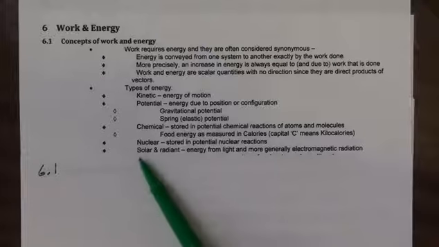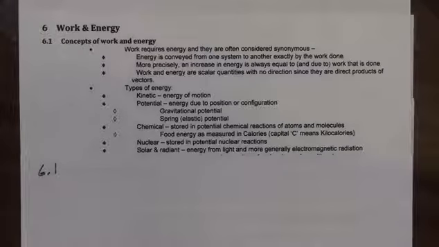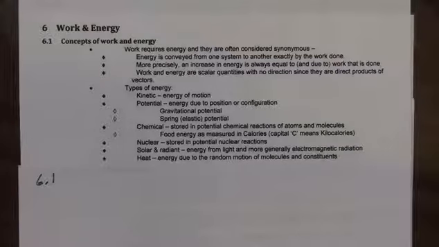We can also talk about solar and radiant energy. This is our renewable resource, the sun, and we are constantly getting radiation from the sun, and we'll talk about how much that is later.